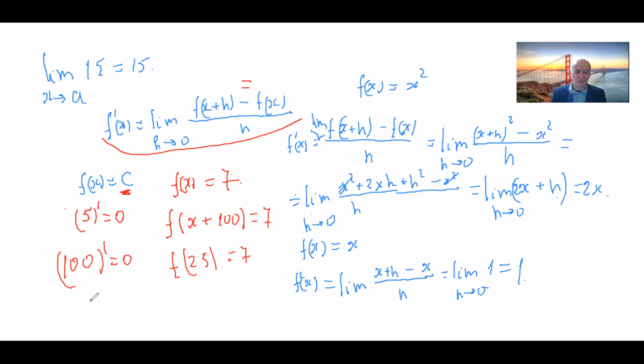And this formula for derivative: the derivative of x to the power n is n times x to the power n minus 1. And this formula works for any n.